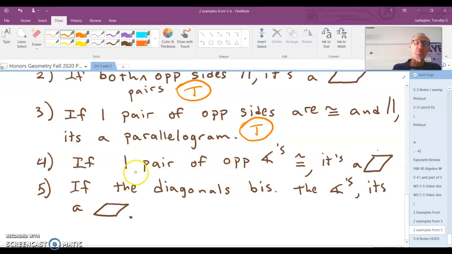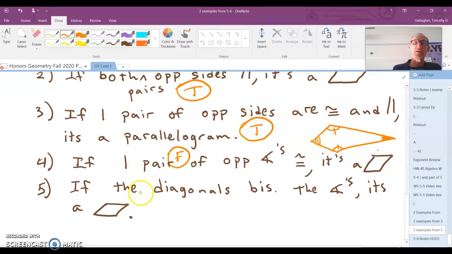Well, I think it has to have both pairs. Like a kite has one pair of opposite angles congruent. These 2 angles in a kite are not congruent, this one and this one, but these 2 are. And a kite is not a parallelogram. So this is the one that's false.